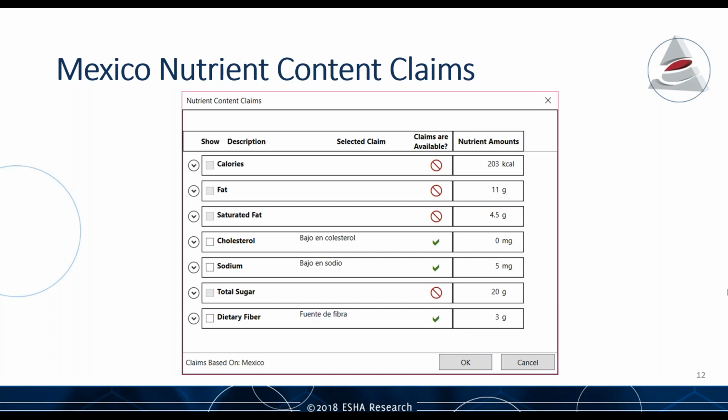So you'll see there on the slide, you have the red no circle slash indicates that claim is not eligible. But if there is one that's in green, then that would be a claim that you would be able to make on a package. Whether you do so or not is up to you, but Genesis just informs you that you could make it based on the nutritional content that you're seeing.